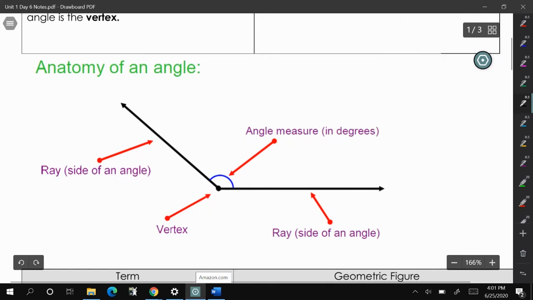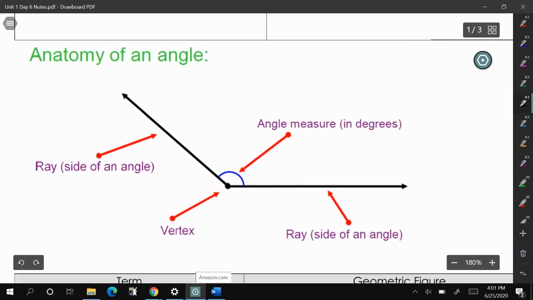So if we look at the picture down here, and then we'll write about it, we have our vertex right here, and we have two rays that form the angle. Now, there are numerous ways to name an angle.